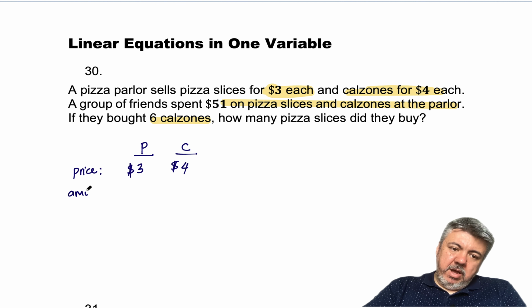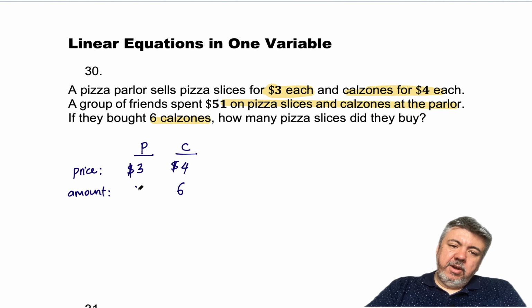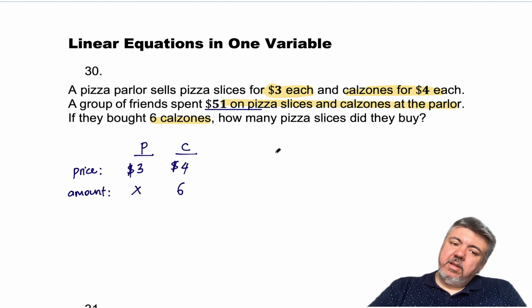What about the amount? 6 of them here, and I don't know this one, and the total bill is 51. I buy x pizzas for $3 and 6 calzones for $4 and I pay 51.